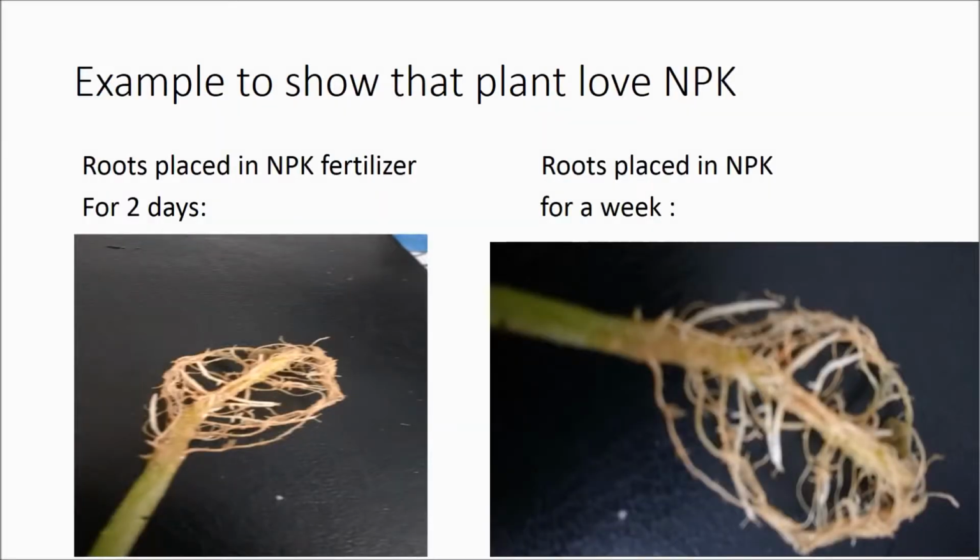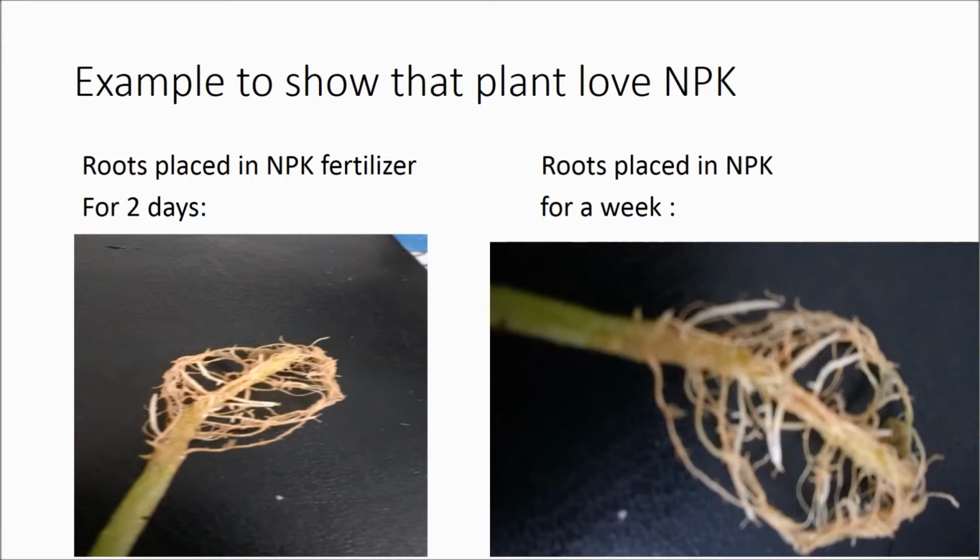Now this is a live example which I did in my garden. So there are two pictures on the screen. The brown roots which you can see here are very thin, although they are dense. This plant was uprooted from the soil, and the soil did not contain NPK fertilizer, and this resulted in these thin roots.